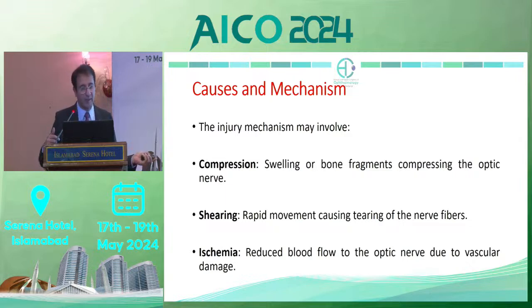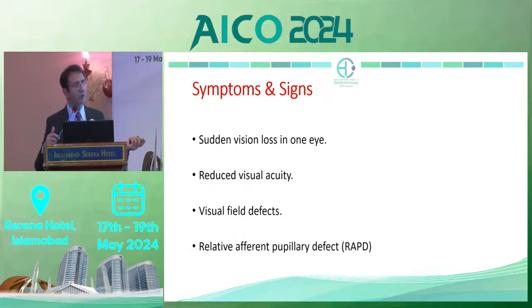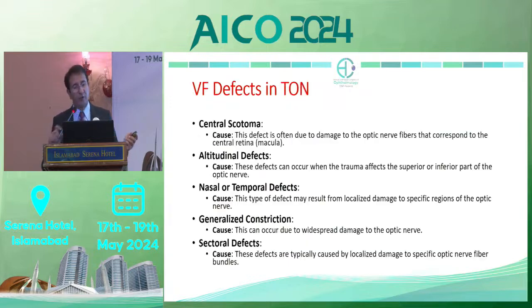Symptoms: sudden visual loss. Signs: reduced visual acuity as well as color vision, visual field defects. I'll talk about what type of visual field defects we can have. Depending on the extent of the injury, it may be relative or it may be an afferent pupillary defect. Visual field defects depend on the part of the nerve that is damaged.